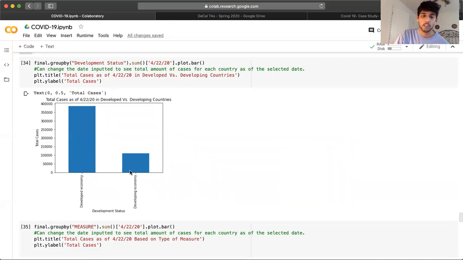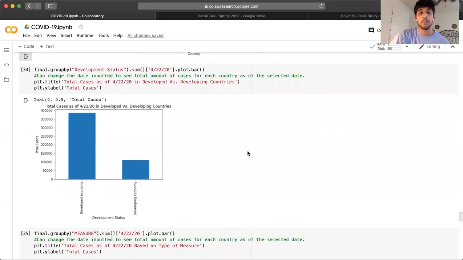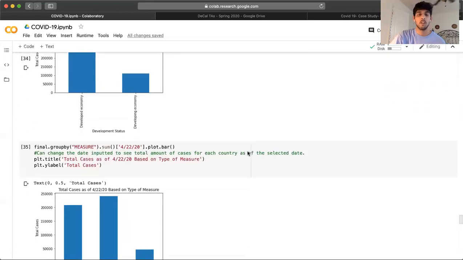And out of the 6 countries, all the countries that are developing economies, I took their total cases as of April 22nd, added them up, and made this bar over here. And it's very obvious to see that there are way more cases in the developed economy countries than there are in the developing economy countries. So that's just another interesting thing that we can see using visualization.